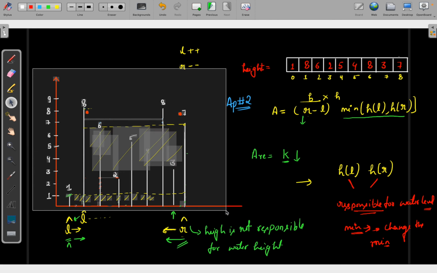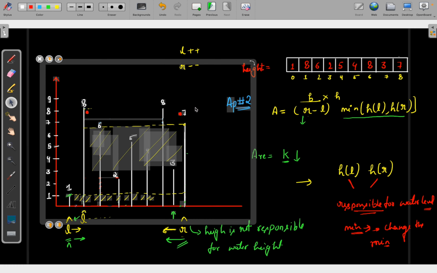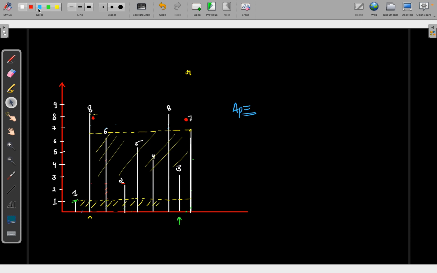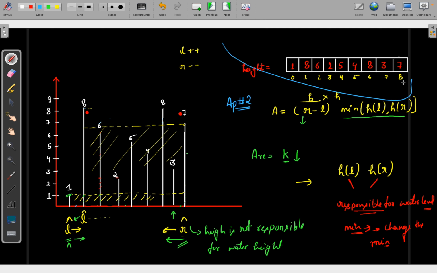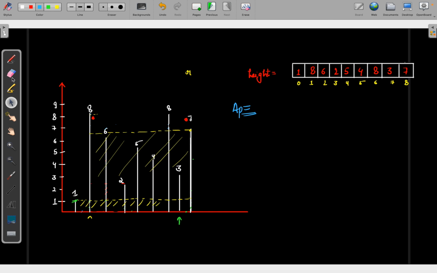So I will quickly copy this one, paste it here. Okay, and now let's see. Sorry, let me quickly copy this height and paste it here. And now let's quickly solve it.